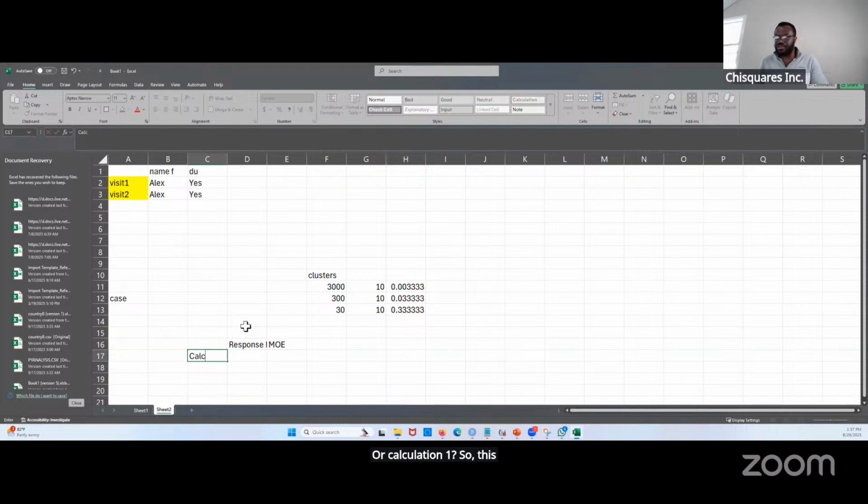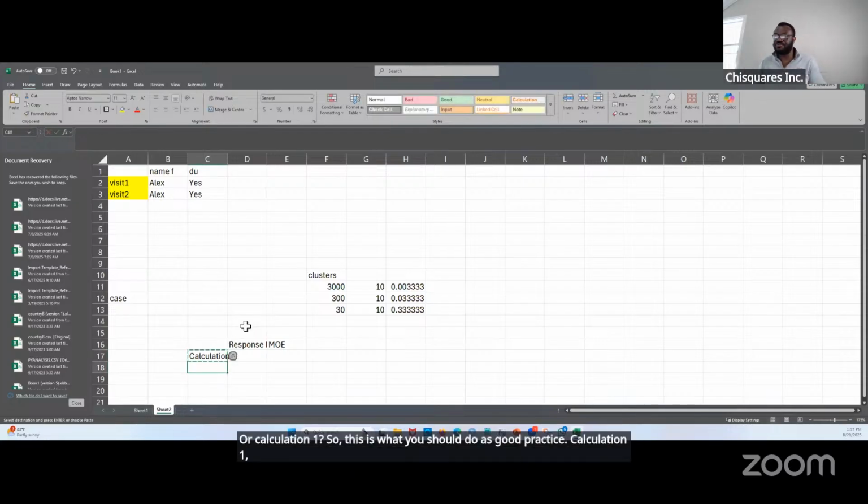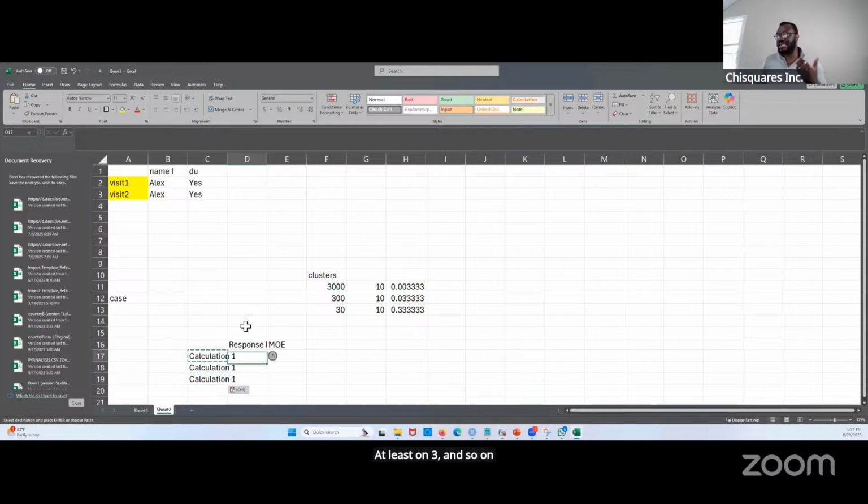This is what you should do as good practice. So you can then say, if I assume a response rate of 75% and a margin of error of 5, here's my expected sample size. I can put other things, but I'm just giving you an example here. Expected sample size: my sample size is 750.